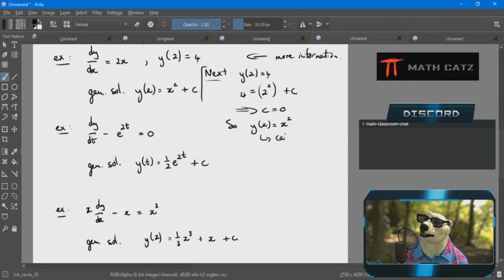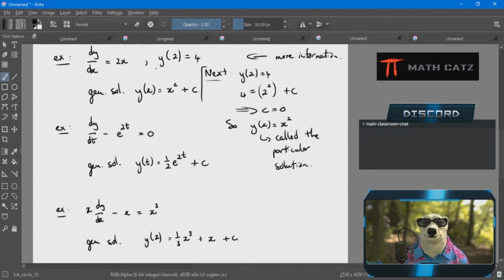And we'll call that the particular solution. So if you don't give me anything else, then really I can only stop at the general solution.